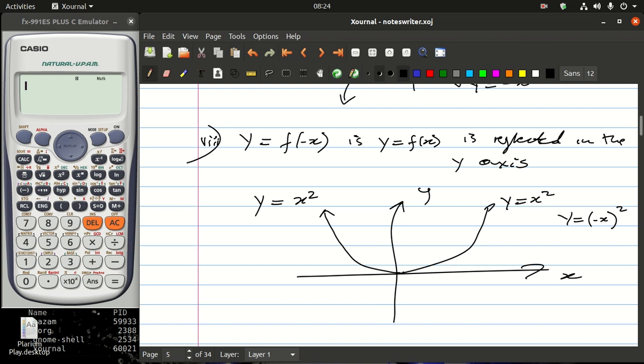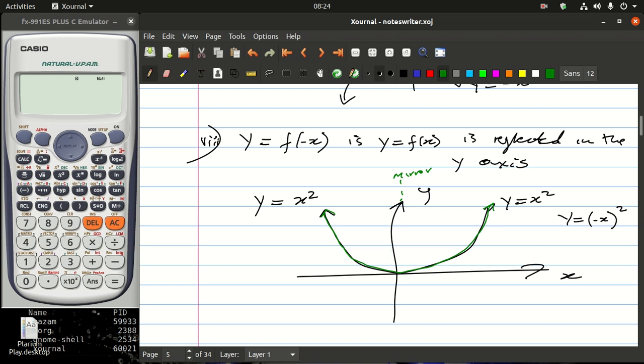I want to reflect this along the y-axis, so the mirror is here. So if you look into this one here, when I place a mirror here, this whole portion here, when I'm looking in the mirror, I will get this part here. And then when I'm looking at the left hand side and I'm looking into the mirror, I will get that.